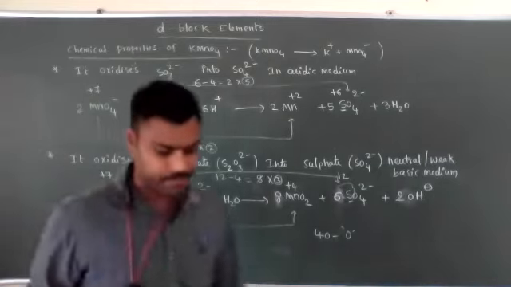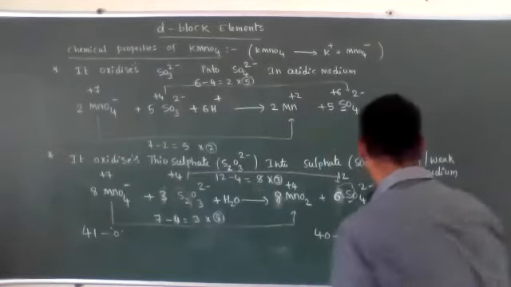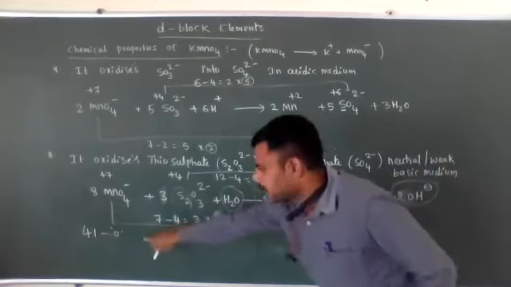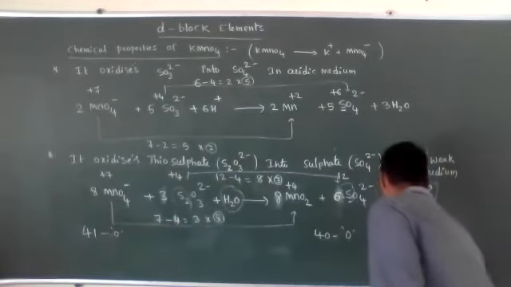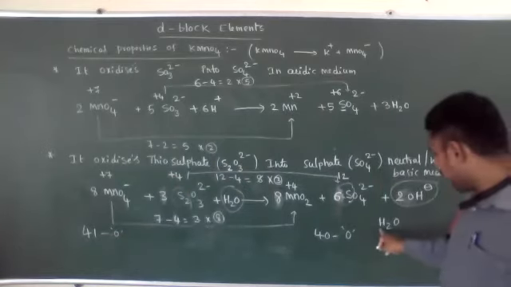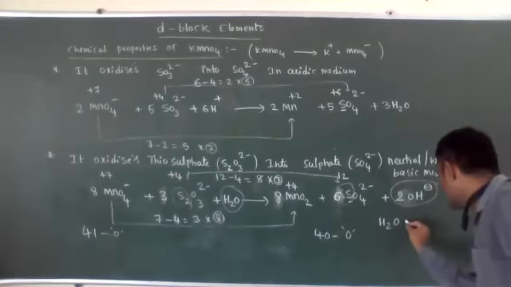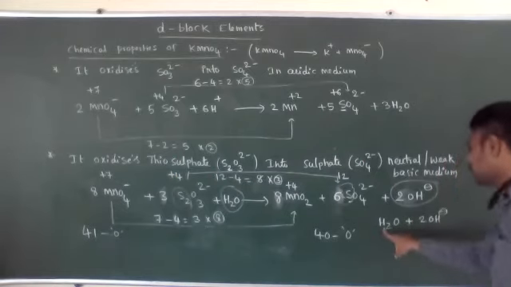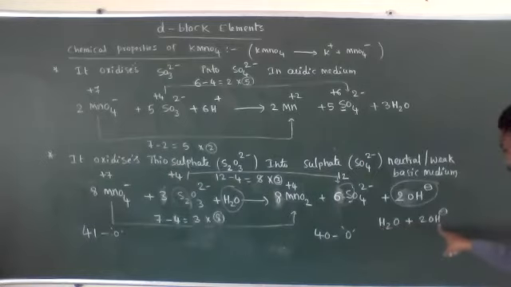See, actually, before that, for balancing the oxygen atom, I added one water molecule. Now, to balance the hydrogen atoms, on the same side I am adding 2 OH minus ions. Now, these 2 hydrogen atoms and these 2 hydrogen atoms total 4.